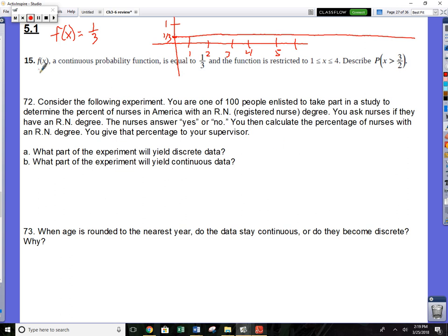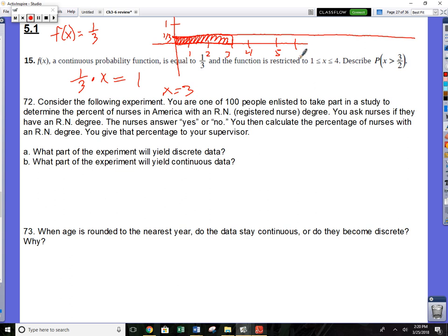Now the probability has got to be 100%. So its height, I've already set the height. The height is 1/3. So 1/3 times what number is going to be 1? And that number is 3. So that means the width of this is going to be 3. So this little rectangle, if it's uniform, is nice and easy. I got this rectangle from 0 to 3. It's a third tall. And that's it.